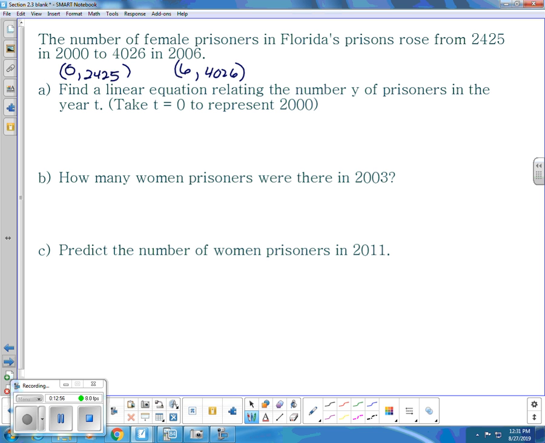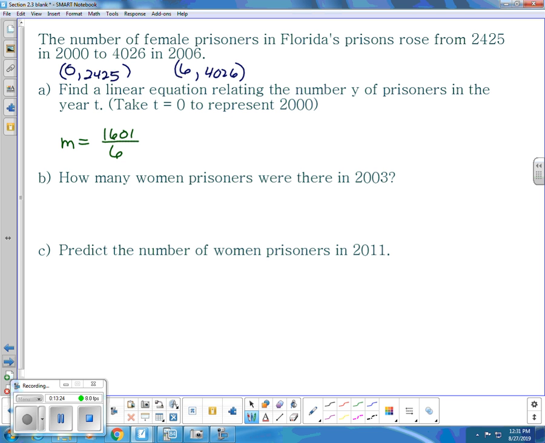Right? So, what's our slope? It's an ugly fraction, and that's okay. Something like 1,601 over 6 is how the population changed over the 6 years. Okay. And can I just write my equation now?